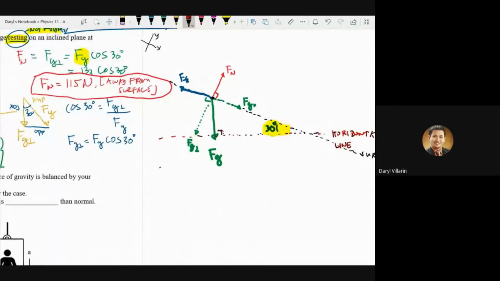So if it is perpendicular, you're actually making yourself a right angle triangle. This whole thing here is just a right angle triangle. If you're given this angle as 30 degrees, then based on what you know about right angle triangles, this one here is always 90 degrees.